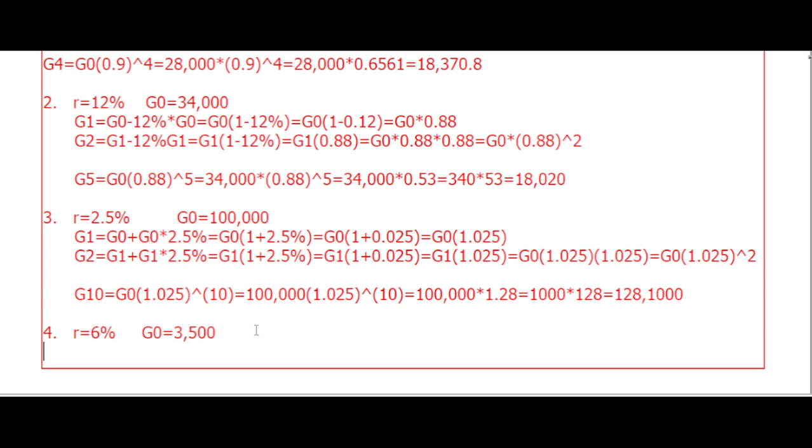Now let's calculate it for the first year. G1 is equal to G naught plus G naught times R, 6%. Let's take G naught common, G naught times 1 plus 6%.